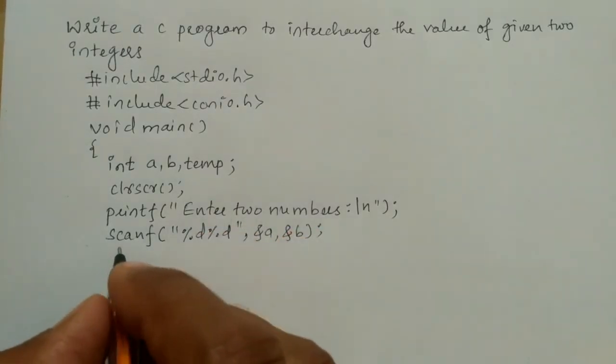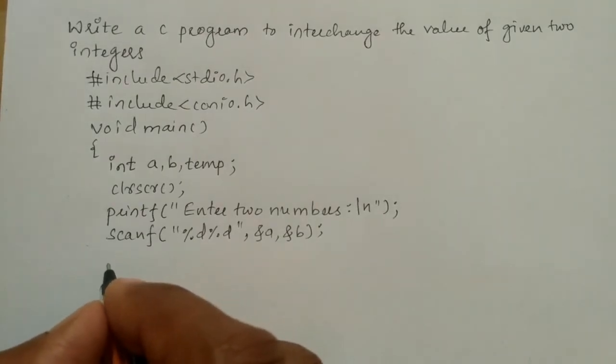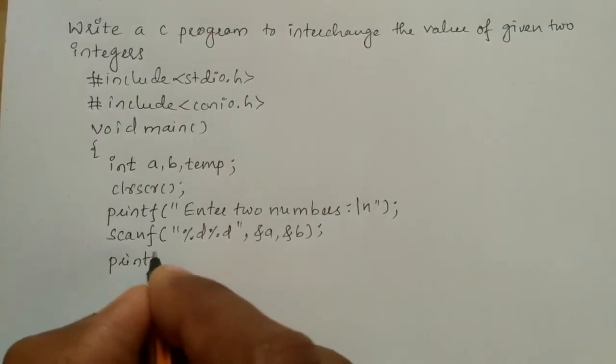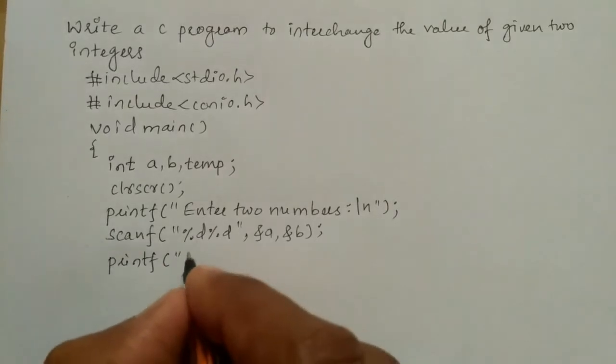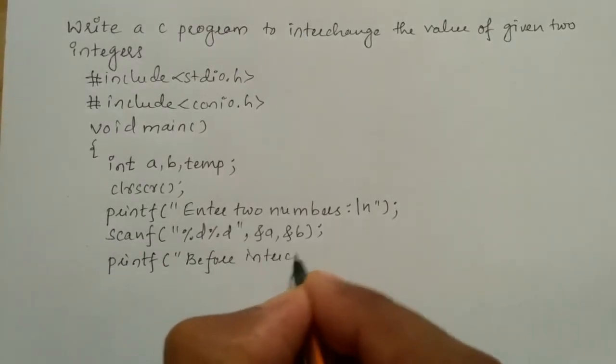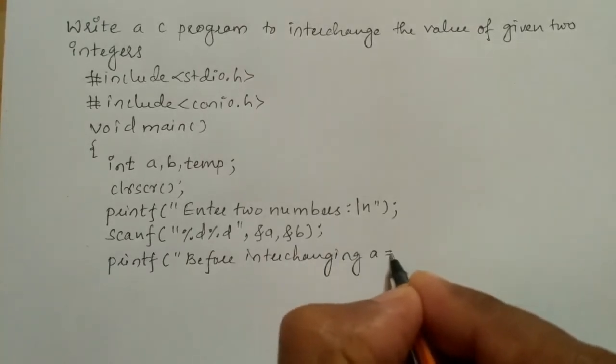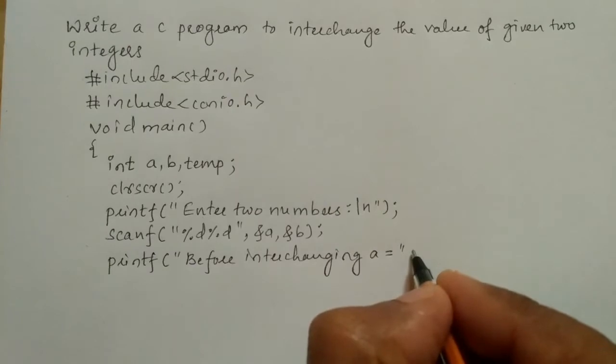Now we are going to print them before interchanging them. So we'll write printf statement, and in this we are going to write before interchanging a is equal to, end the double quotation mark.